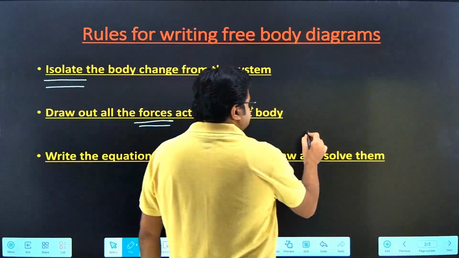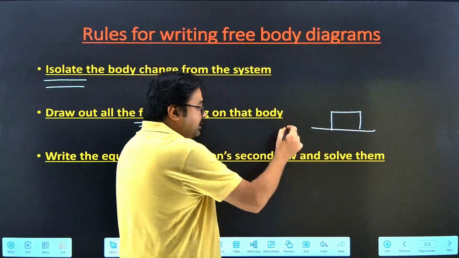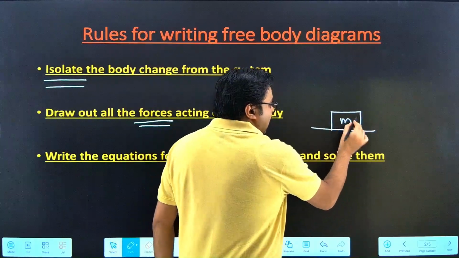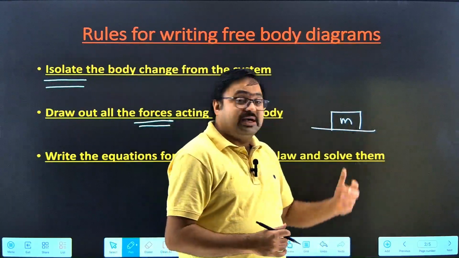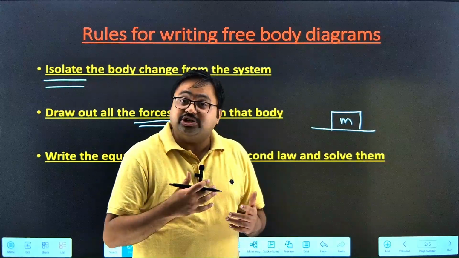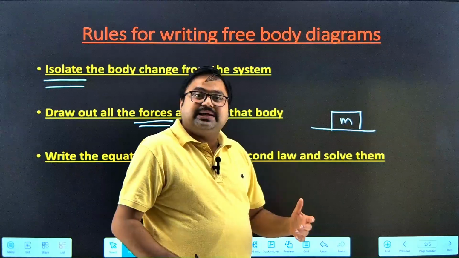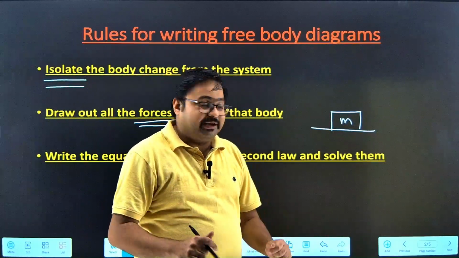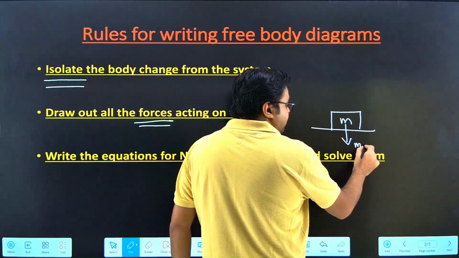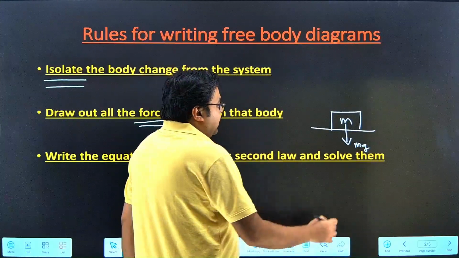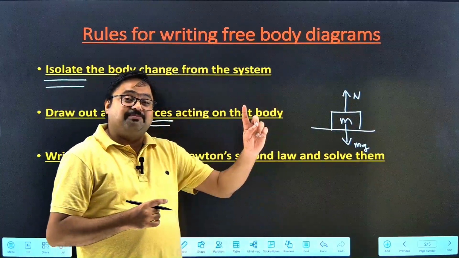Well, it simply means that if you have a horizontal table and a mass m sitting there, you ask the question, why is this mass there and not moving, not flying away? It's like a book on the table. Why is it that it's where it is? The reason is that the weight of the object, which is in the downward direction, m into g, is being completely cancelled by the normal reaction, which is acting in the upward direction.